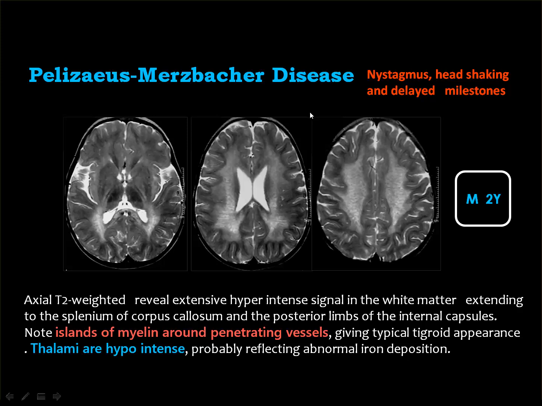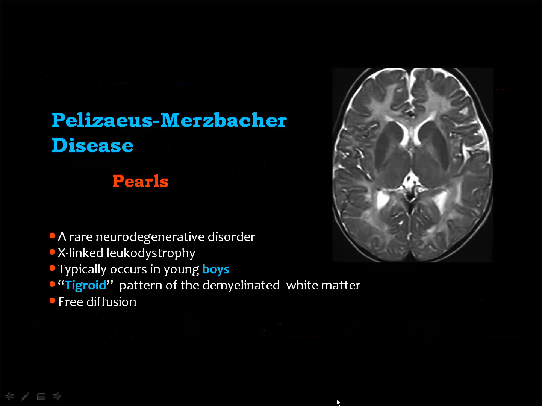Actually, in my practice I am confronted by many patients with leukodystrophies, and I don't remember that I have diagnosed Blasius-Merzbacher disease even once, but I diagnosed many cases with metachromatic leukodystrophy.